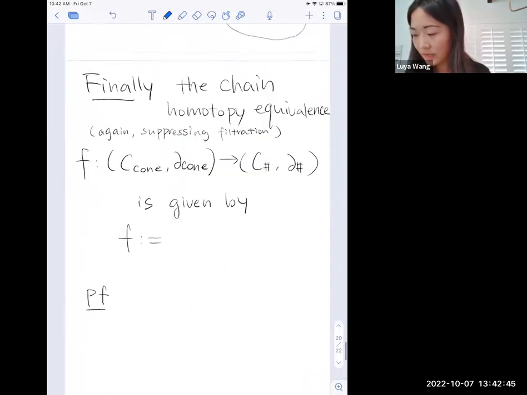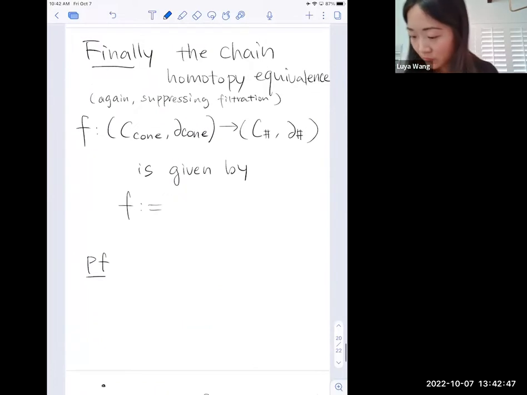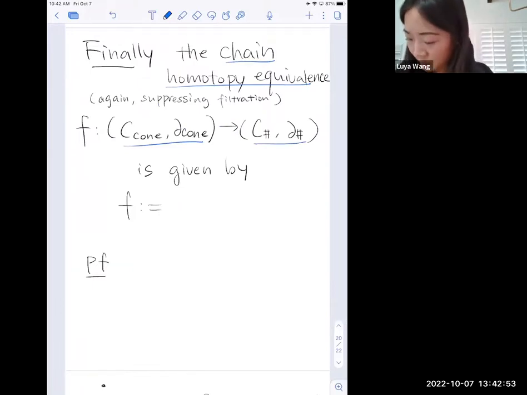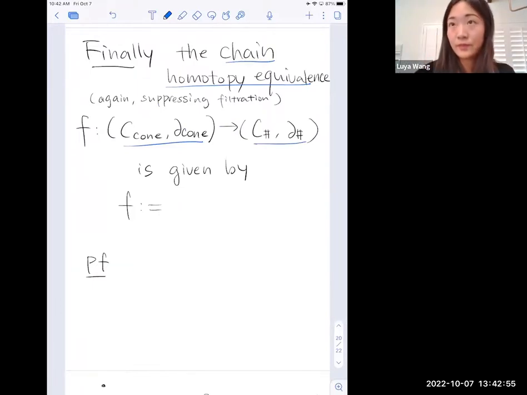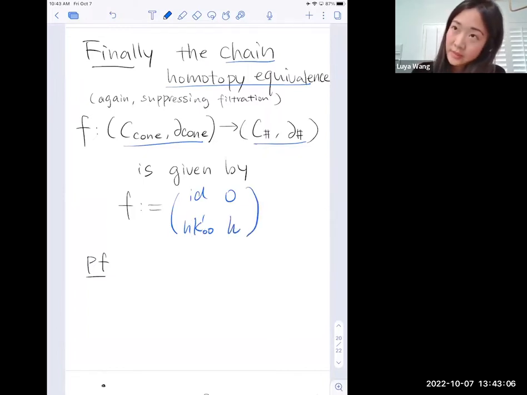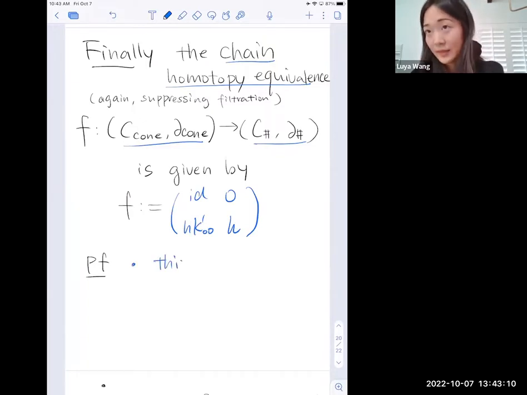All right, so finally, I gave you the chain homotopy equivalence between my cone complex and the connected sum complex. So this is given by H, K prime, 0, 0, K prime I defined to you before, H. All right, so the proof is that this is lower triangular and it's an isomorphism on the vector spaces.